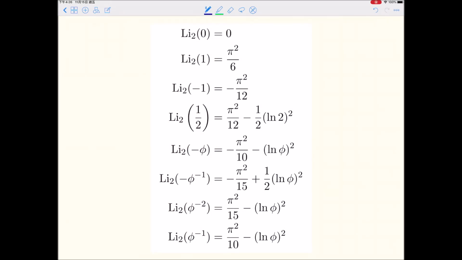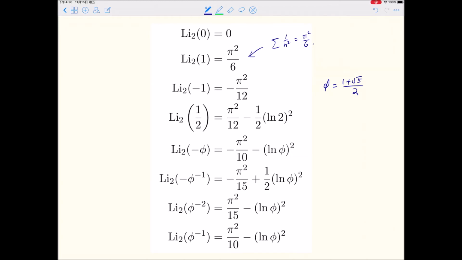So phi here is the golden ratio, and I think these 8 points are all the points where the exact values are known. So in particular, this is the famous summation of 1 over n squared equals pi squared over 6, because I mean n is 1, then this is Dilogarithm of 1.